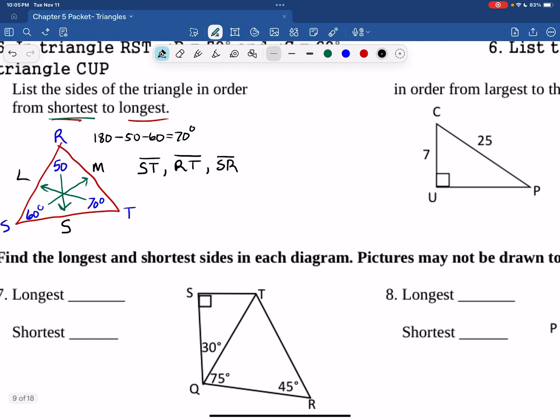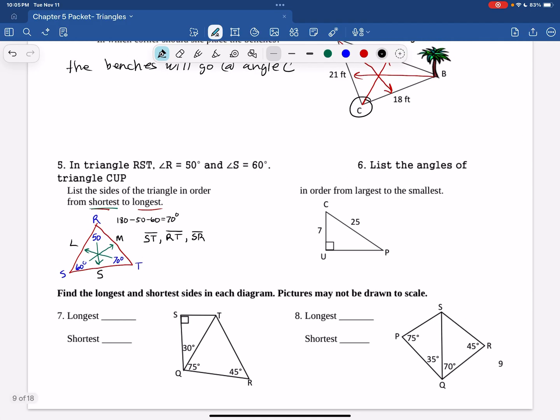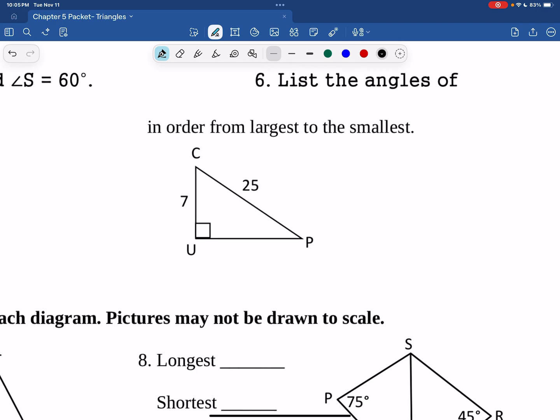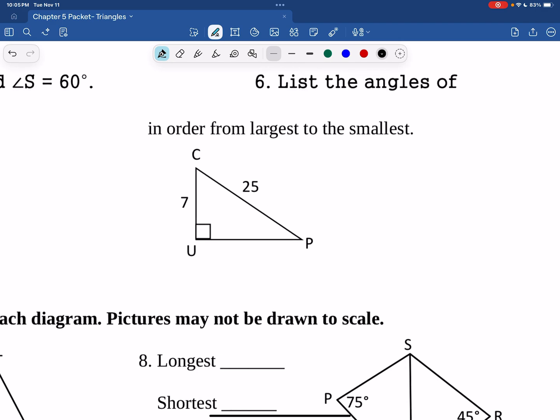All right, let's go on over here and do this one. So same thing, I want to list the angles in order from largest to smallest, but I don't know all the side lengths. So first up, look here, I got a right triangle. So how do I find the missing side of a right triangle? Well, we just used it earlier. It's the Pythagorean theorem.